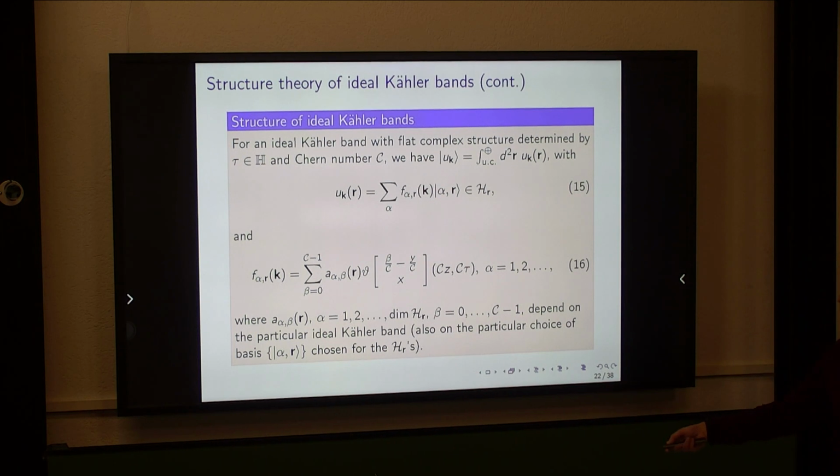So these f of alpha's have the label alpha, which corresponds to the basis in H of R, and they have another label R, which has to do with the character corresponding to the position in the unit cell. Okay. So when I write z, it's kx plus tau ky. Yes, exactly.